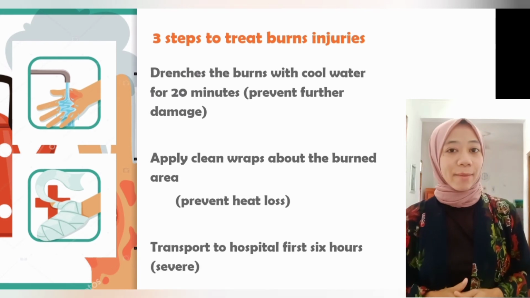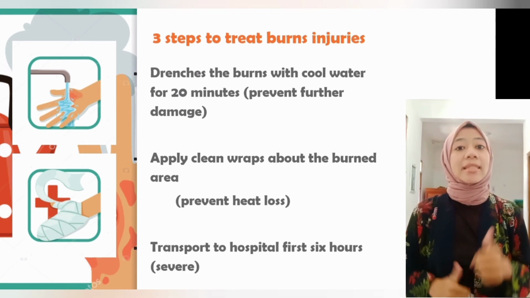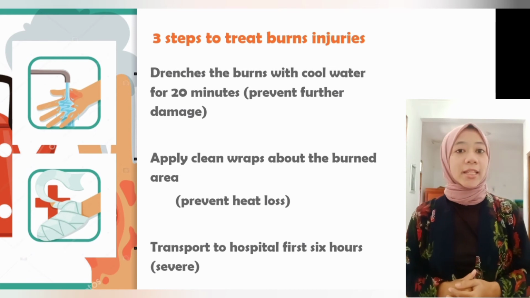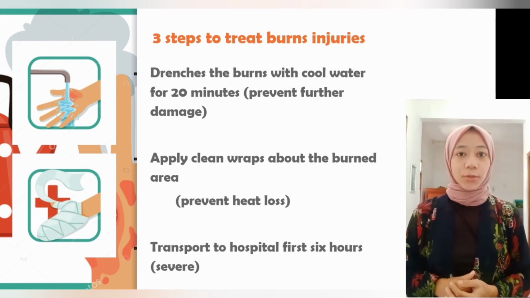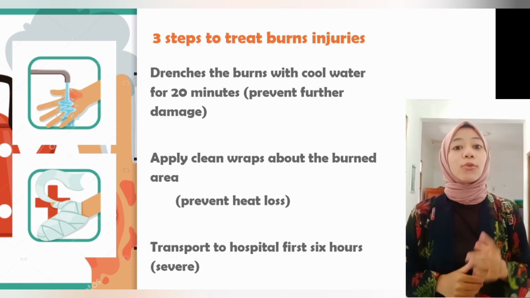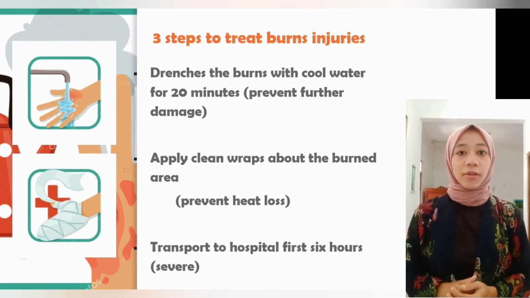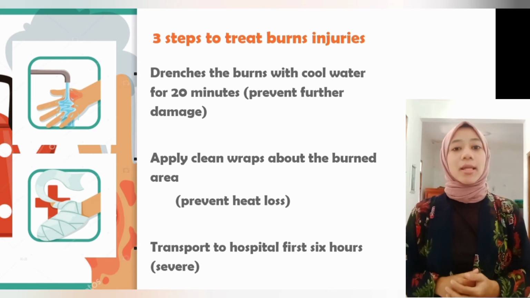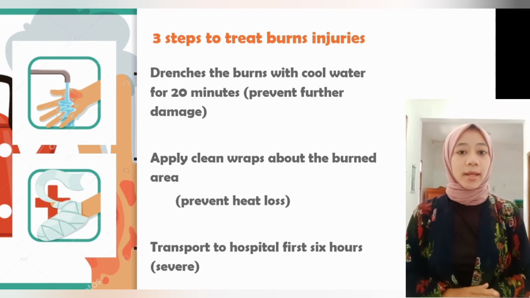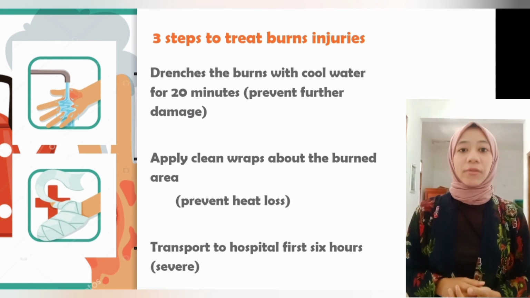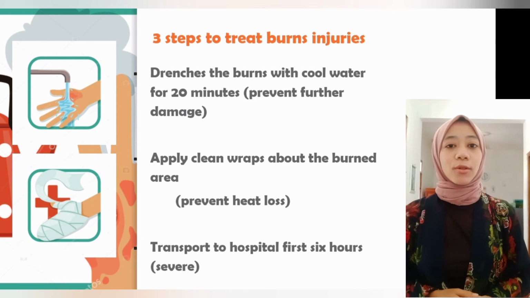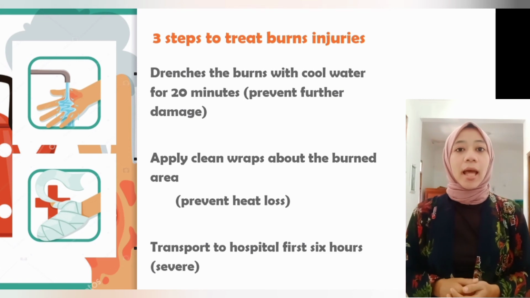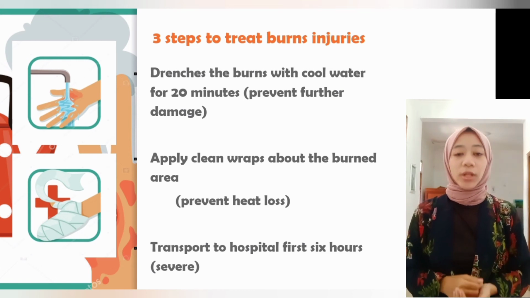And the final step. The first 6 hours after injury is a golden period to treat. So, transport the patient with severe burn to the hospital as soon as possible to prevent more damage, because severe burns need further specific treatment.